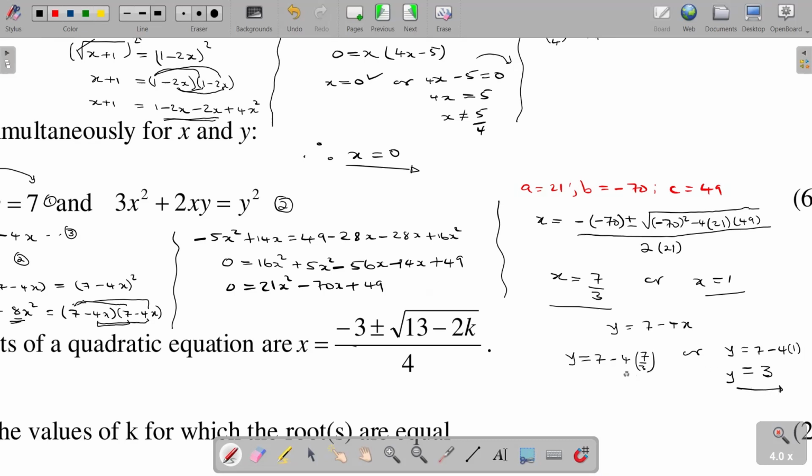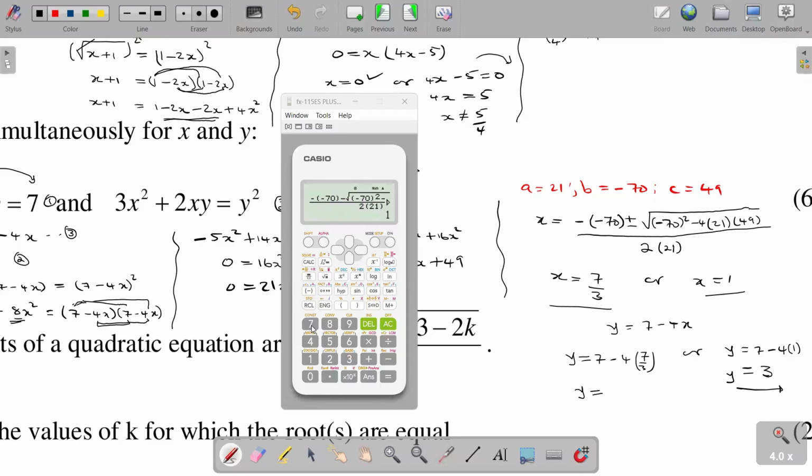Then the other one, using your calculator, Y will be equal to 7 minus 4 times 7 over 3.